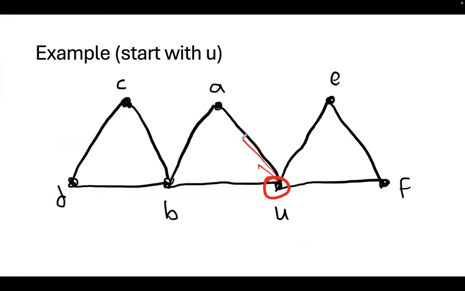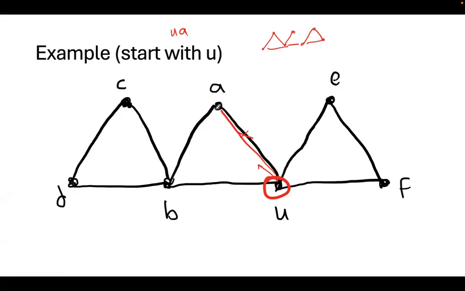So let's say we choose A. And so then we write U and A. And so now this edge is deleted. And our graph looks like this.